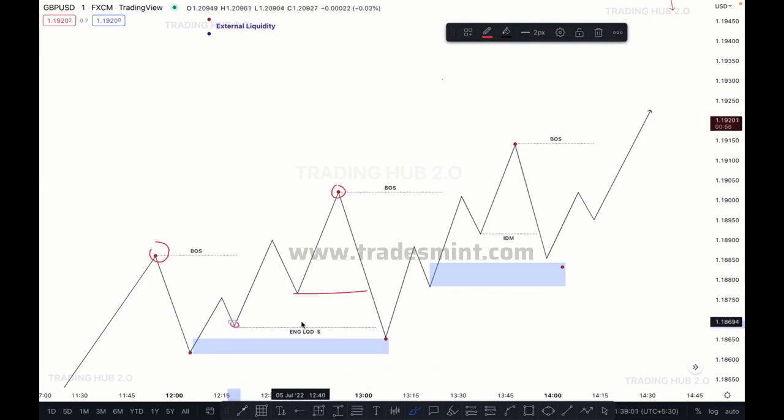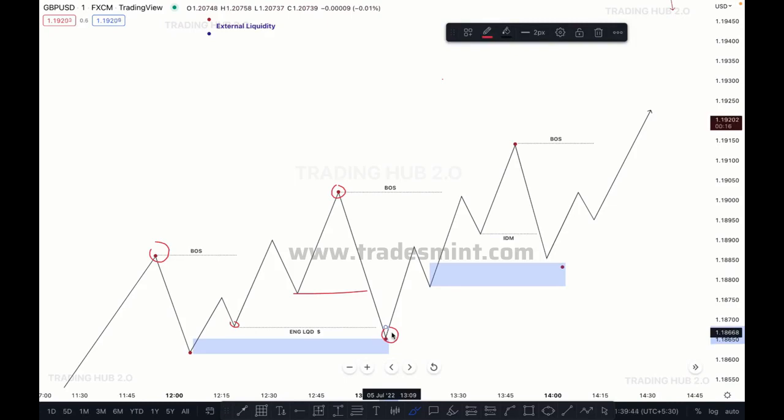So what happened, and what is the meaning of these two types of liquidity? First is inducement, which is a 50% chance for the market to go in your favor, and maybe the market pushes downside to take engineering liquidity and then goes higher. So engineering liquidity is our high probability zone to take a buy or sell on this trade. It depends on the condition whether the engineering liquidity or inducement is valid or not.